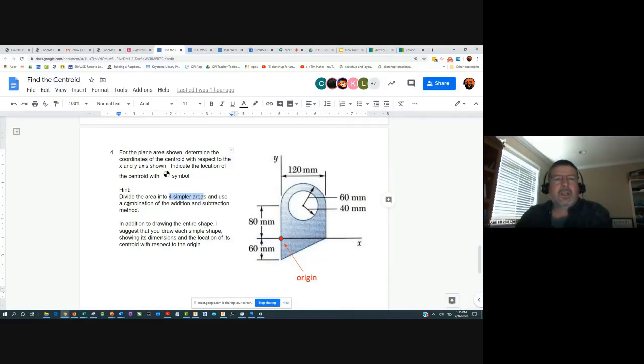So you'll find the centroid of this object by dividing it into four different simpler figures, and also with respect to the origin, which I've identified here. It's in metric, which is nice. And so I'd like for you to do that one as well.